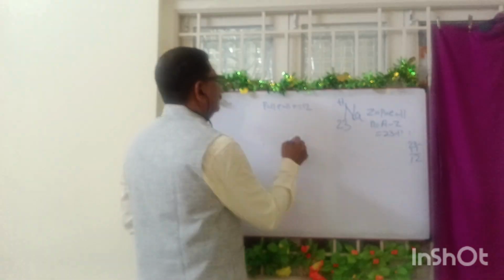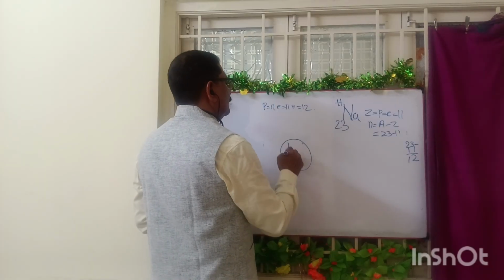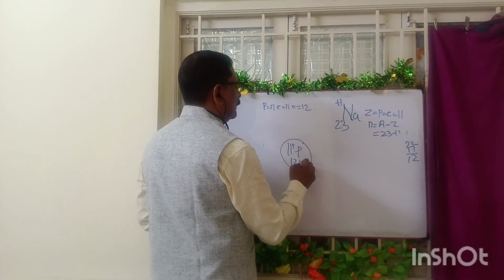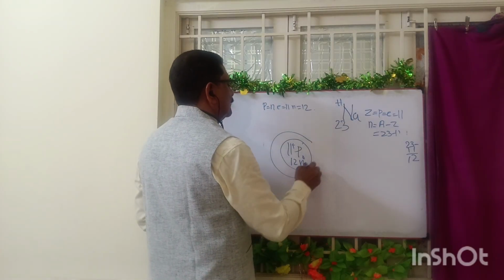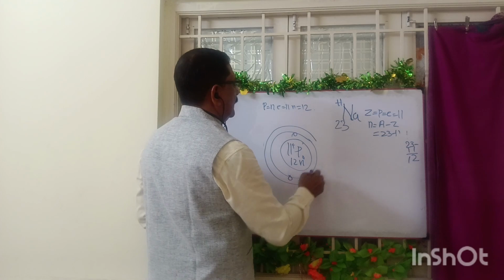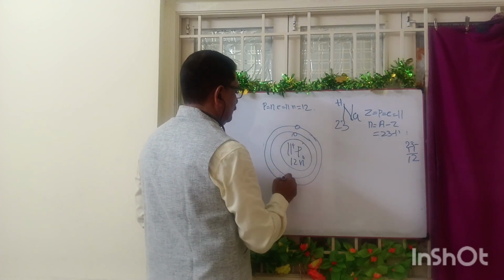So, let us draw the structure. There will be 11 positive charges of the protons and 12 neutrons with no charge. The first orbit contains 2 electrons. The second orbit contains 8 electrons.